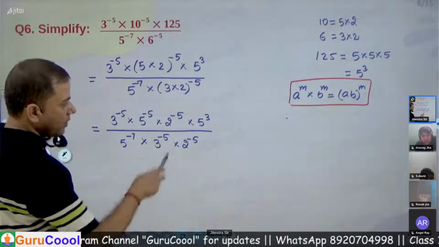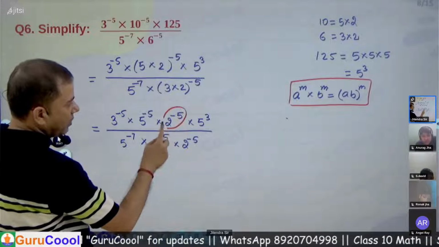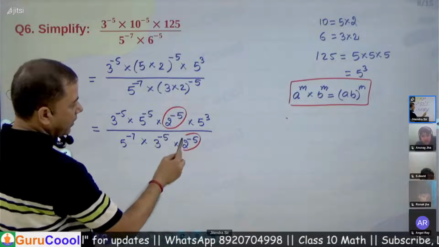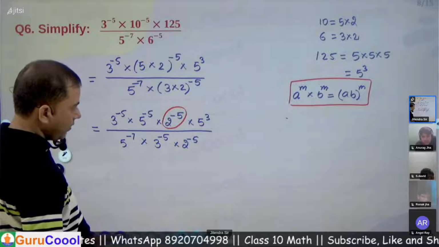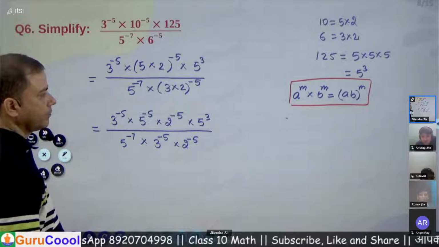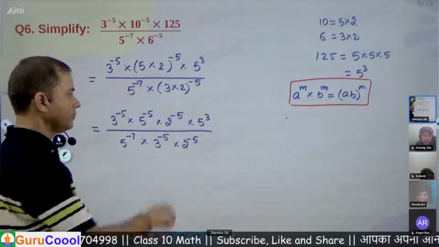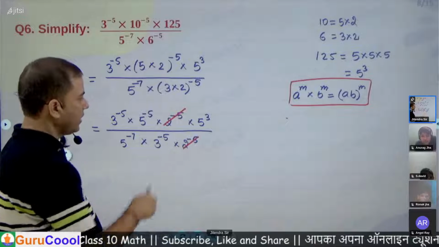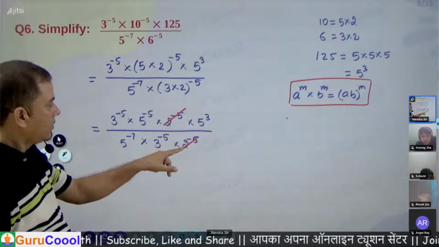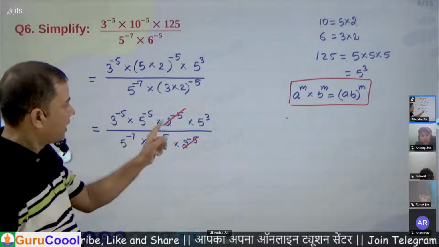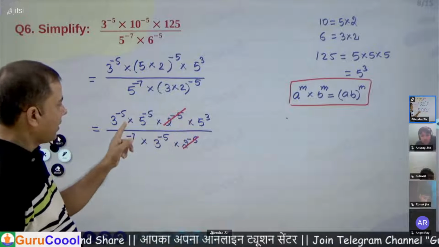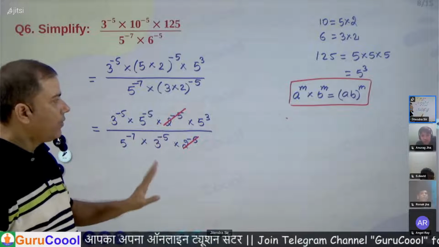Now notice 2 power minus 5 in numerator and in denominator. Can we cancel them? Yes, sir. Yes, we can cancel out because they are all multiplied. If there was a plus sign, then we cannot cancel.